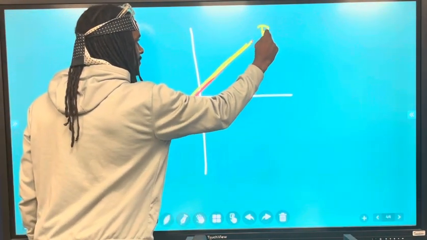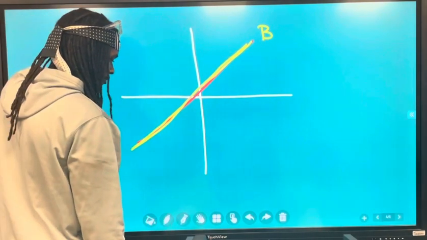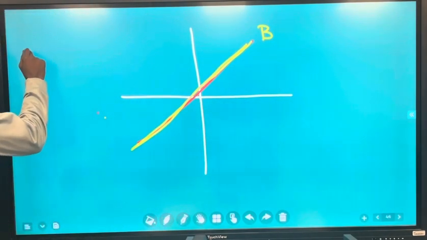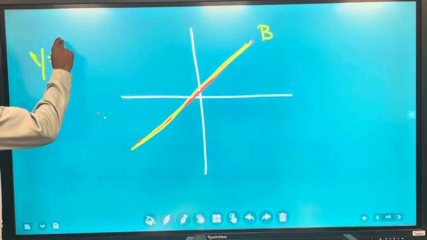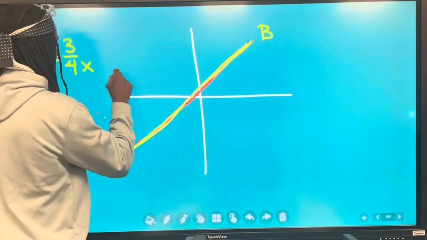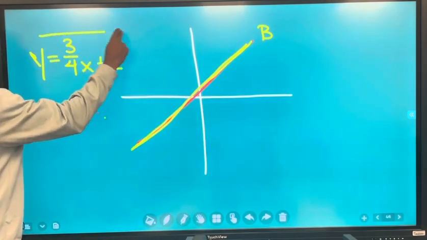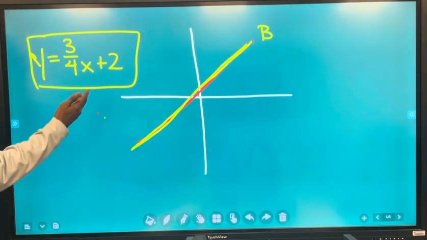We'll call this line B. They'll say the equation for line B is y equals 3/4x, and let's say plus 2 or something.